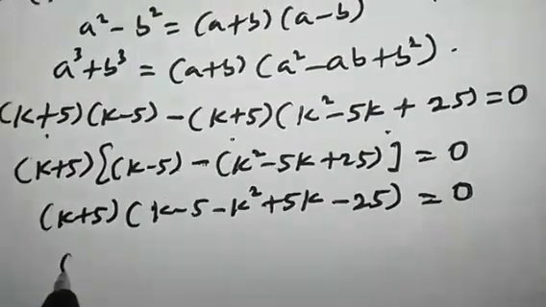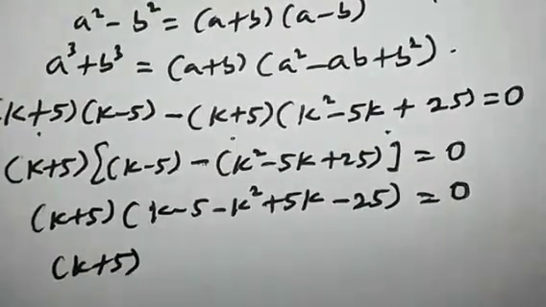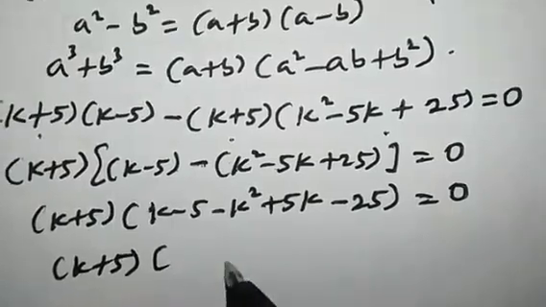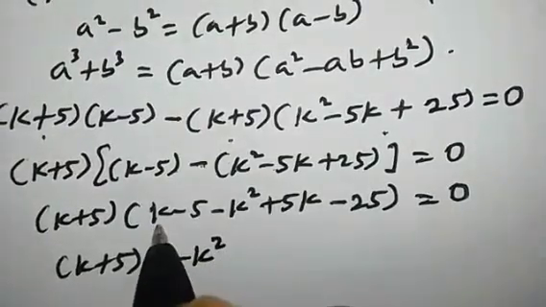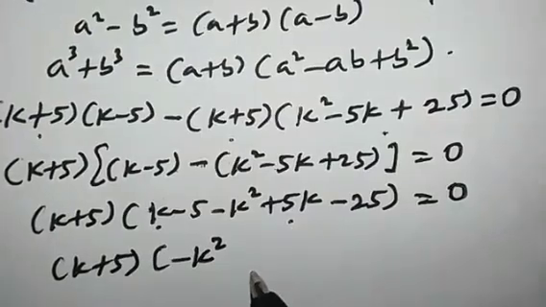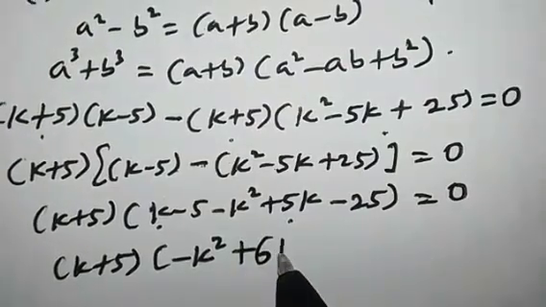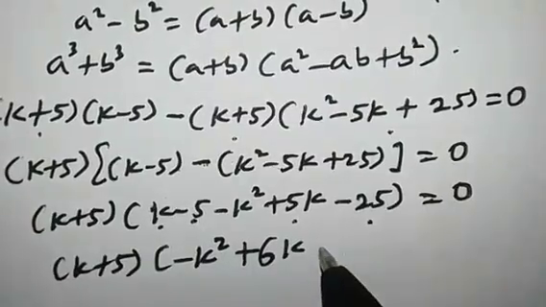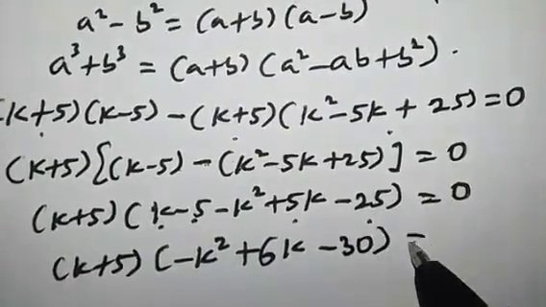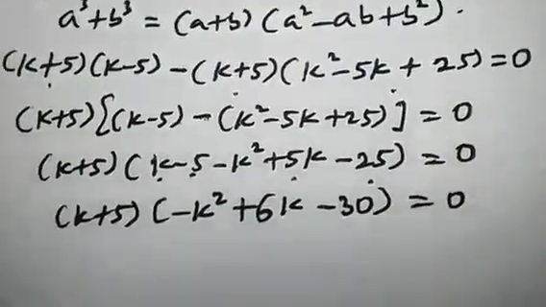Let's proceed further. So we have k plus 5 times, we have minus k square, k plus 5k, that is 6k. So we have plus 6k, minus 5 minus 25, that is negative 30, equal to 0. Good. Let's continue.